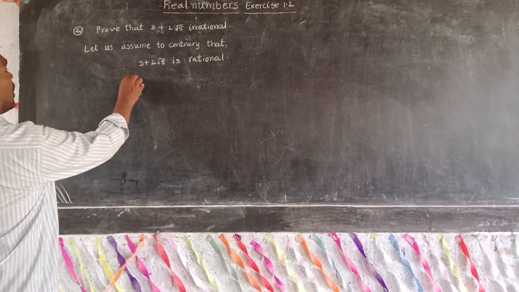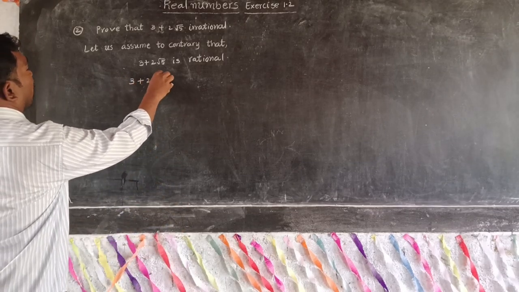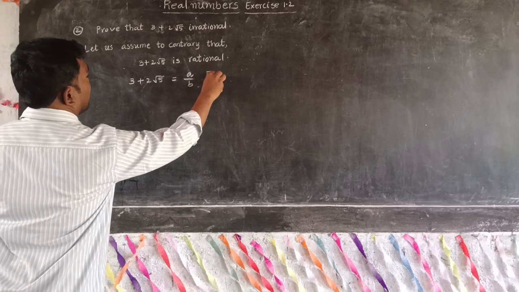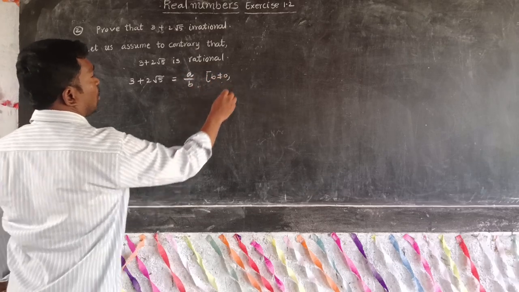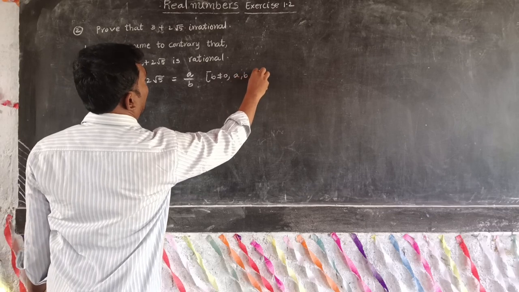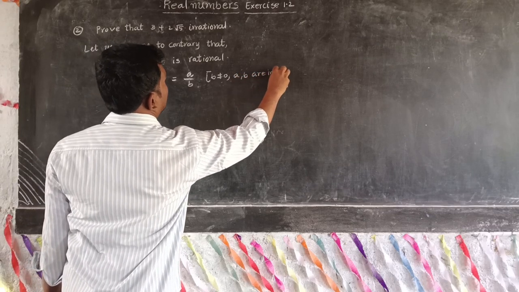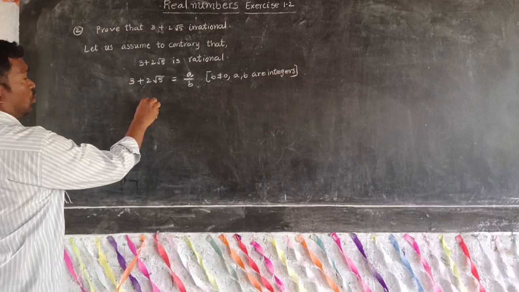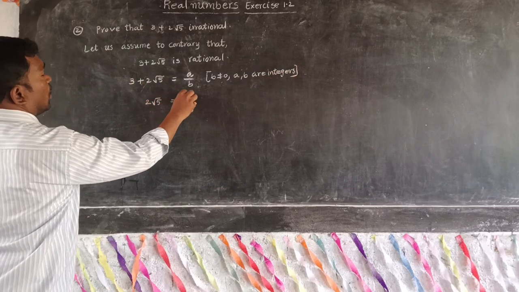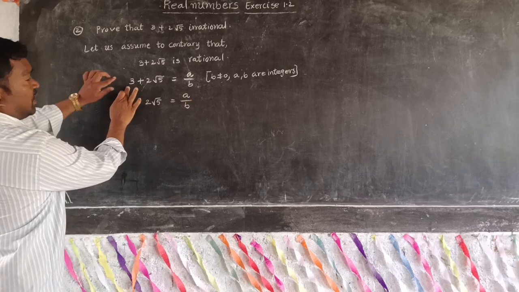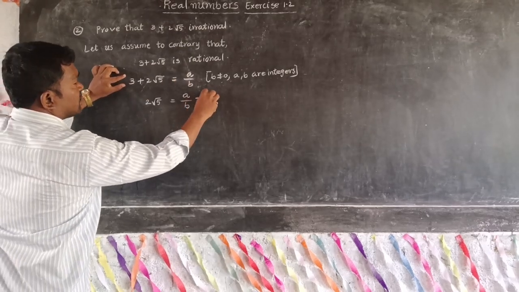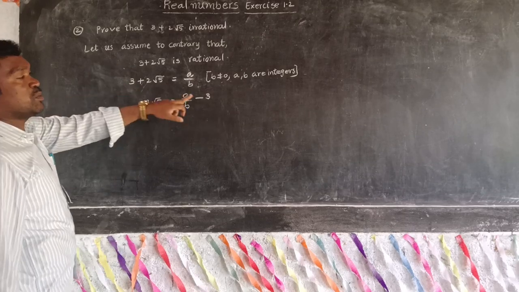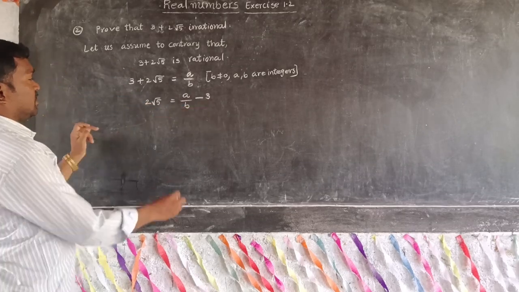So 3 plus 2 root 5 equals a by b, b is not equal to 0, a, b are integers. Next, 2 root 5 equals a by b minus 3, transposing 3 to the RHS.